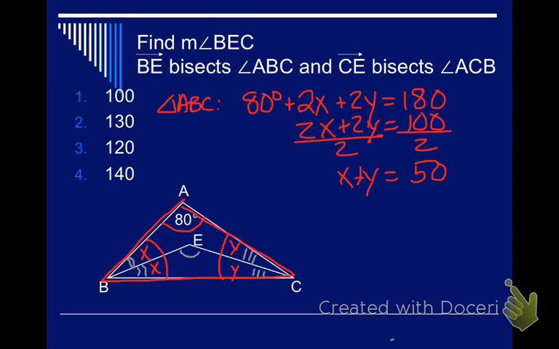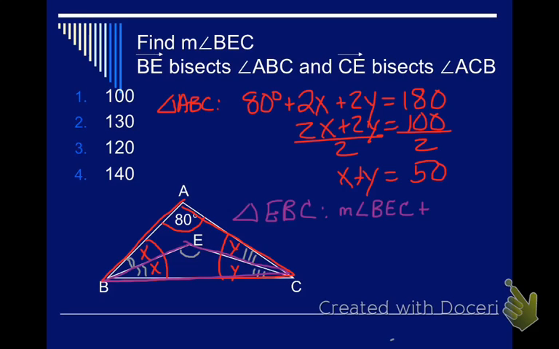Now if we focus our attention on triangle EBC, we don't know the measurement of angle BEC. That's what we're trying to find.